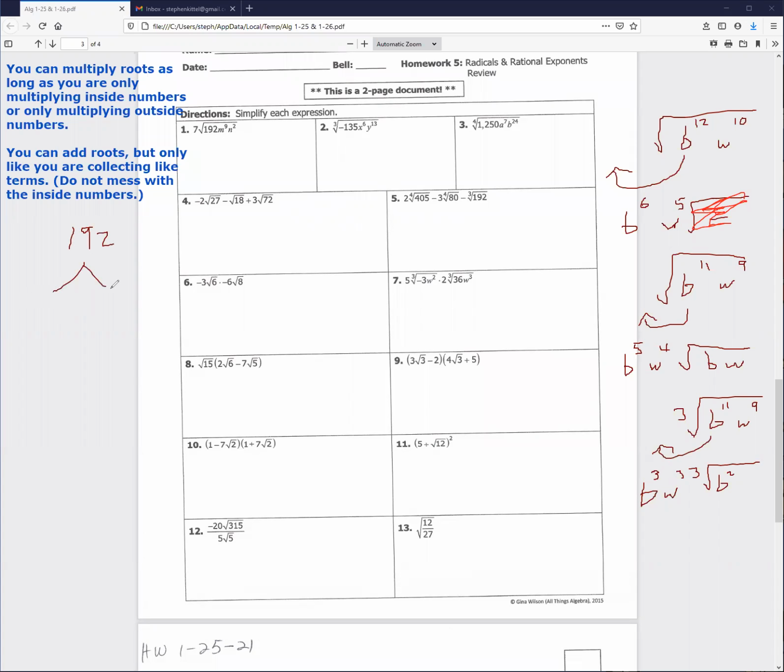Okay, so how about cube root of negative 135 x to the 6th y to the 13th? All right, 135. Let's think about 135. 135 ends in a 5, so it must be 5 times something. 5 times what? 27. Okay, and 27 is 3 to the 3rd.